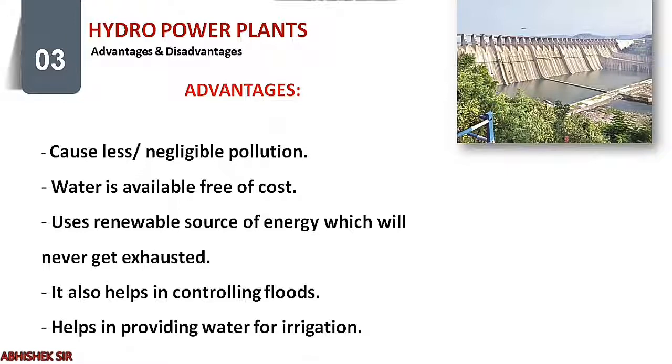Whenever it rains, water is available. We use a renewable source of energy. The rainfall and water cycle has existed for millions, billions of years, and will remain for the next millions of years, right? So water is not going to get exhausted. Also, in some places where water was uncontrollable, building a dam helps in controlling floods.